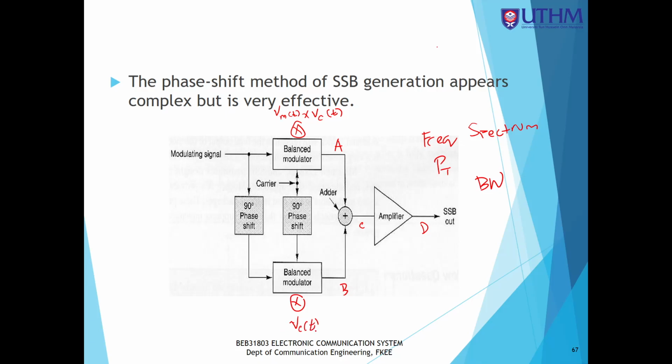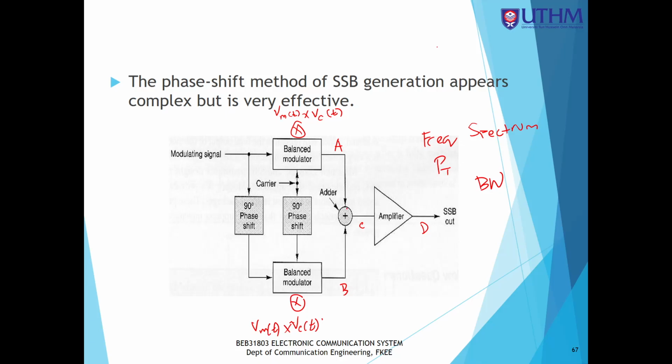So VC(t) will multiply the VM(t), and you will produce the double sideband suppressed carrier. So the balanced modulator produces double sideband suppressed carrier.